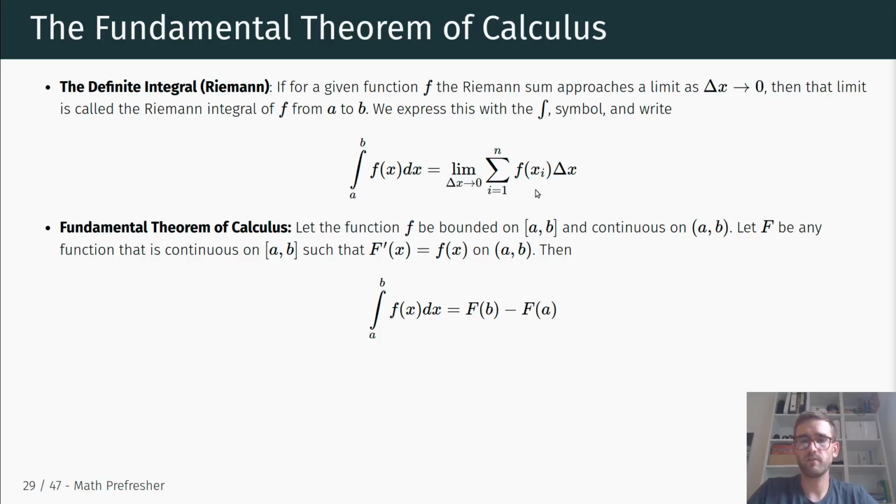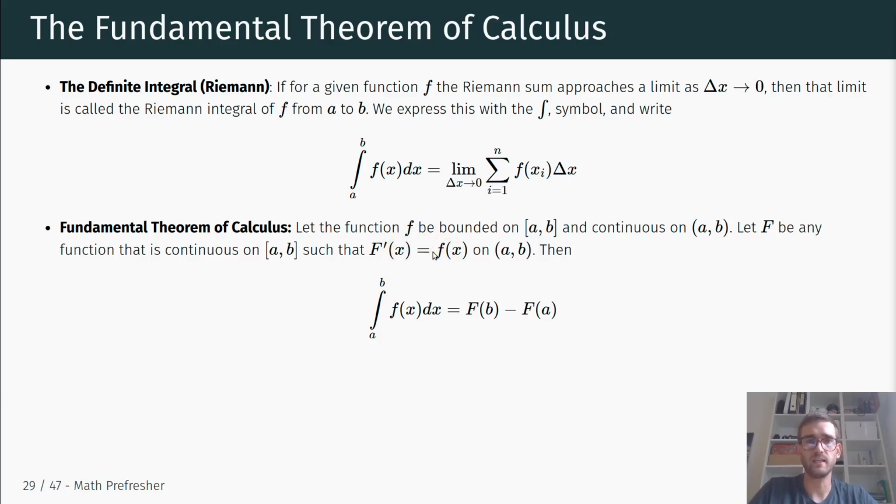And one very important result is the fundamental theorem of calculus, which says that if we have the function f and it is bounded on a and b and continuous across that range, then we have an antiderivative, capital F, where F prime of x is equal to f of x.